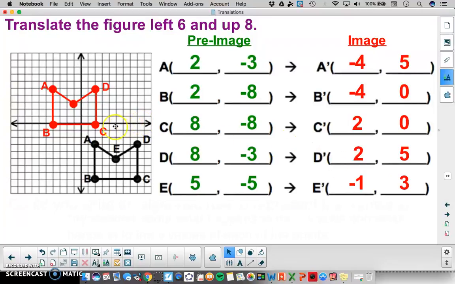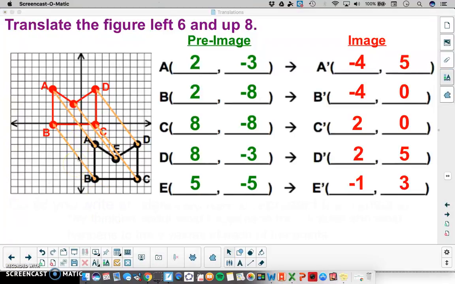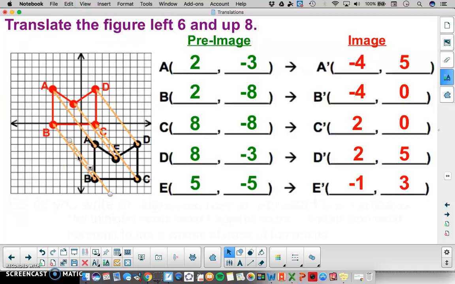Notice if we connect each one of the image and pre-image points, we get this translation vector. Notice if I were to make a copy of this, each one of these translation vectors are the exact same length. So the component form, remember, of a vector is the X and Y components of that vector.